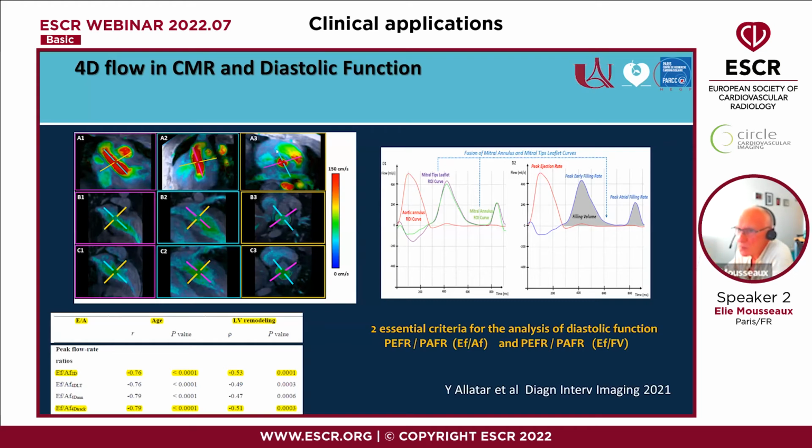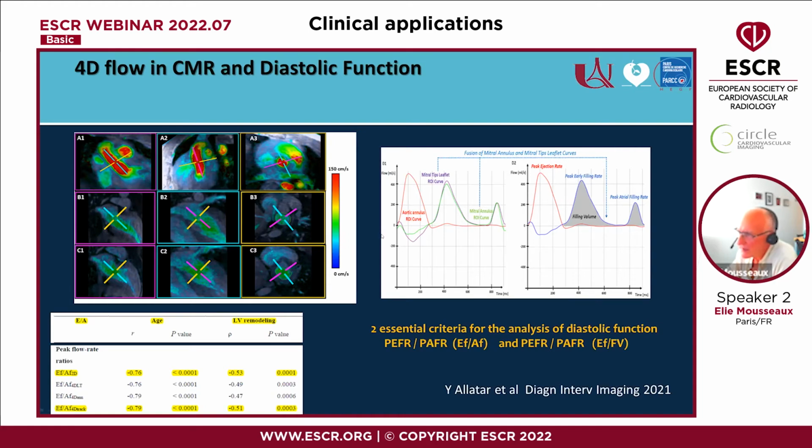We can estimate the flow within the ascending aorta, and orthogonal to the tip of the leaflet section, and we have also done the measurement at the annulus level, because during the diastolic filling you have a posterior displacement of the mitral valve.